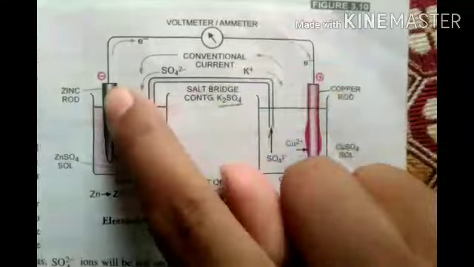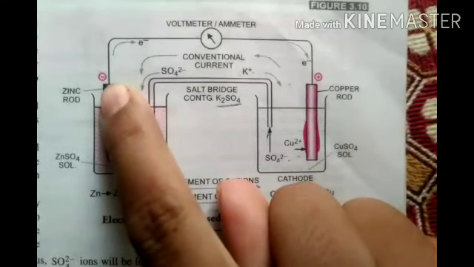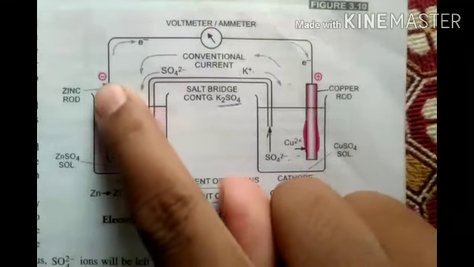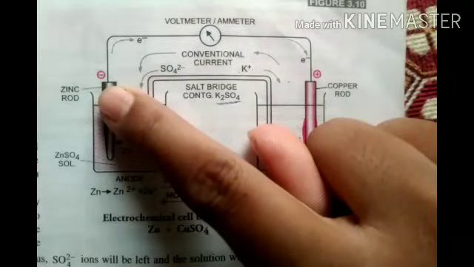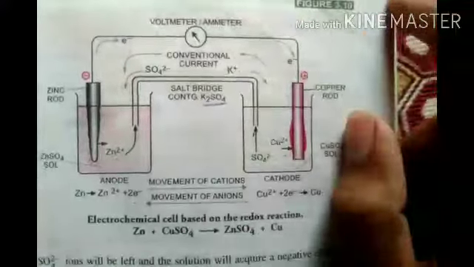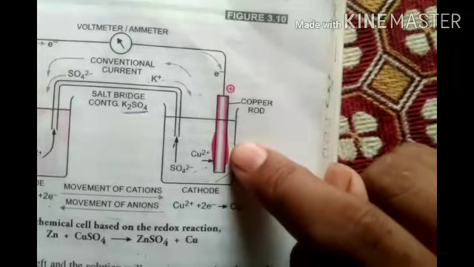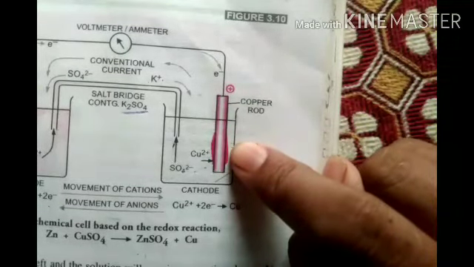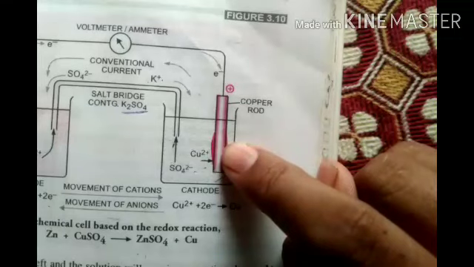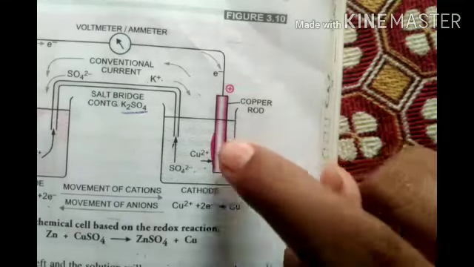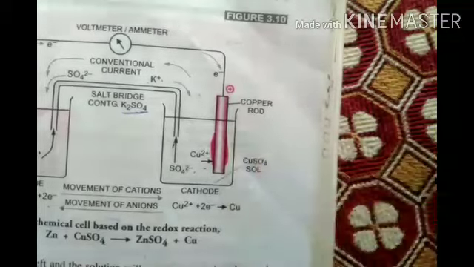It is designated as the negative pole. And the other side is the positive pole. It attracts the electrons, means pulls the electrons from the external circuit, and acts as a positive pole.